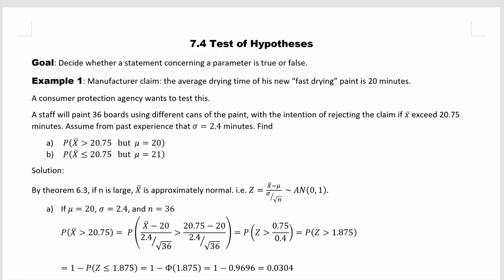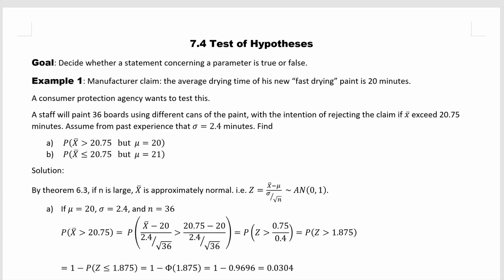A staff will paint 36 boards using different cans of the paint, with the intention of rejecting the claim if the sample mean of his 36 boards exceeds 20.75 minutes. Assuming from past experience that the population standard deviation is 2.4 minutes.